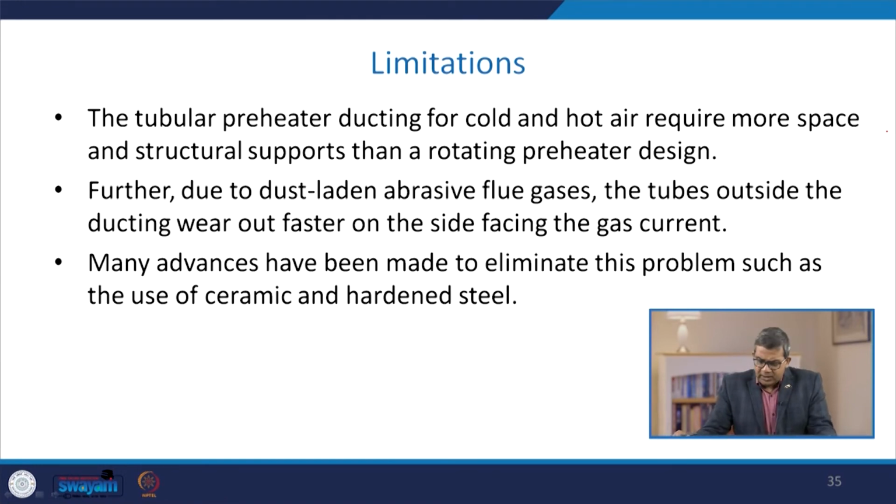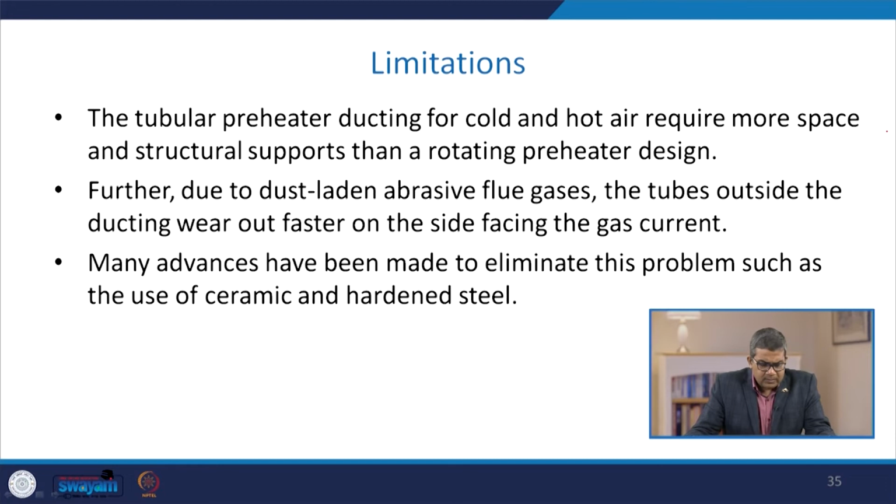There are various limitations one can talk about with these tubular preheaters. Now, the tubular preheater ducting for cold and hot air requires more space and structural support than a rotating preheater design. Further, due to dust-laden abrasive flue gases, the tubes outside the ducting wear out faster on the side facing the gas current.